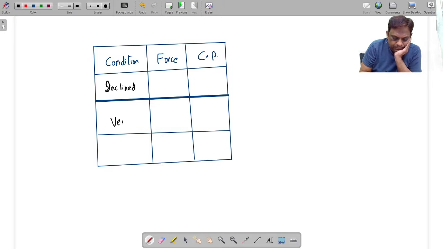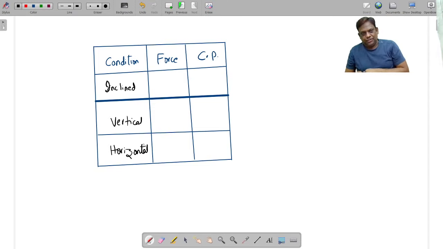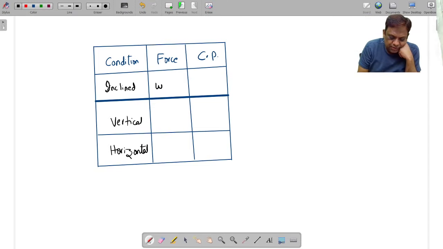Inclined, vertical, horizontal, and in all the cases you have seen it is WAX bar.